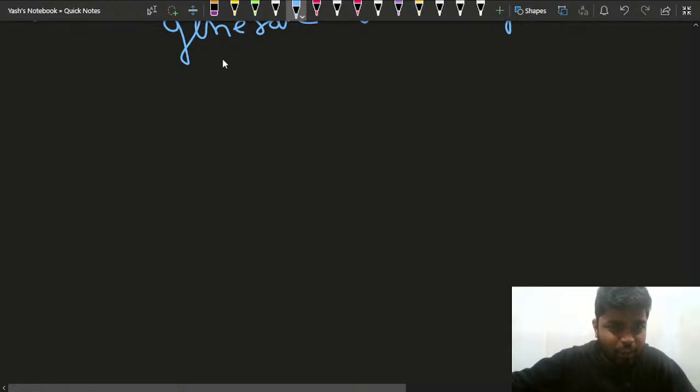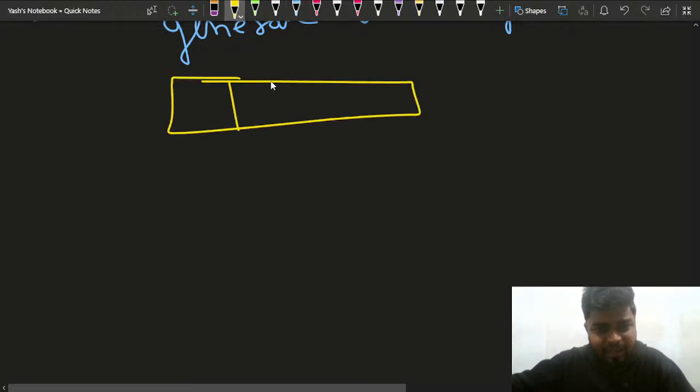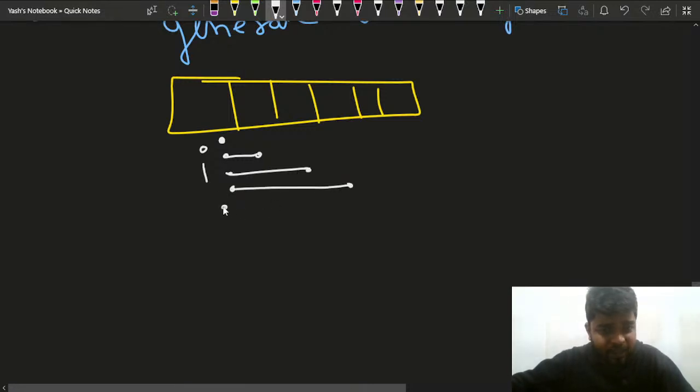Let's say I have some elements like this. Assume the elements are zeros and ones, as mentioned in the question. First of all, I can keep my i here and start my j from this index until here, and check each subarray: first this one, then this and this, then this subarray, and so on till the end.